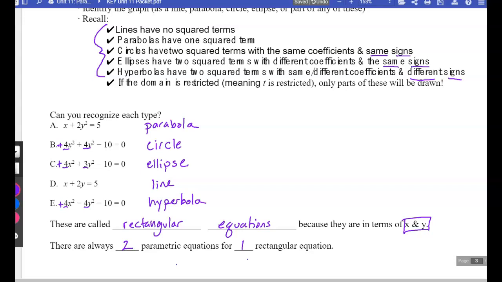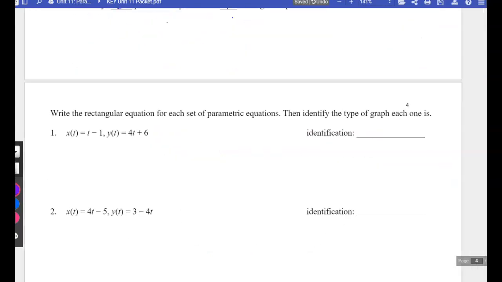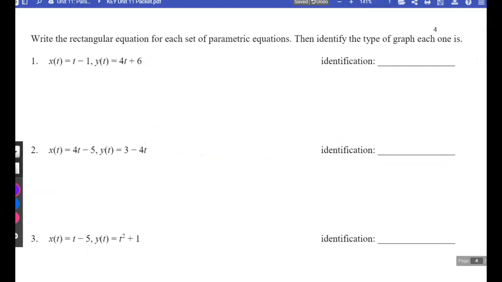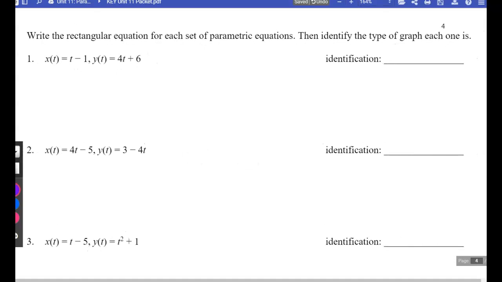Okay. So the reason we just went over those is because now we're going to take parametric equations and identify what shape they will form on a graph.